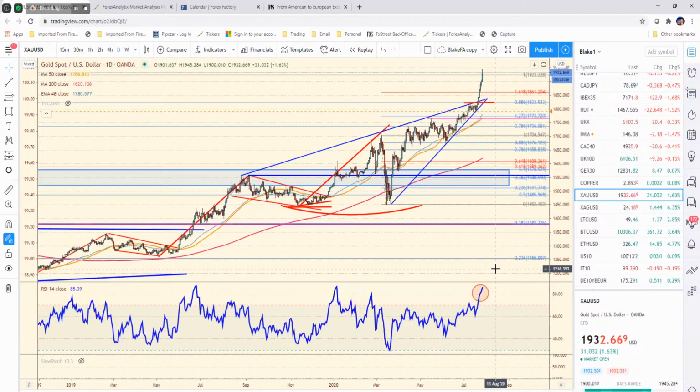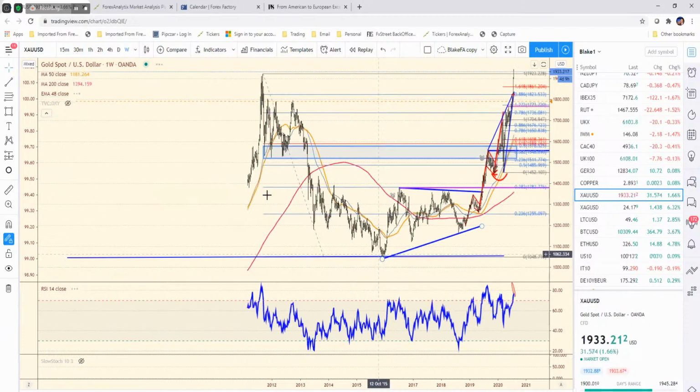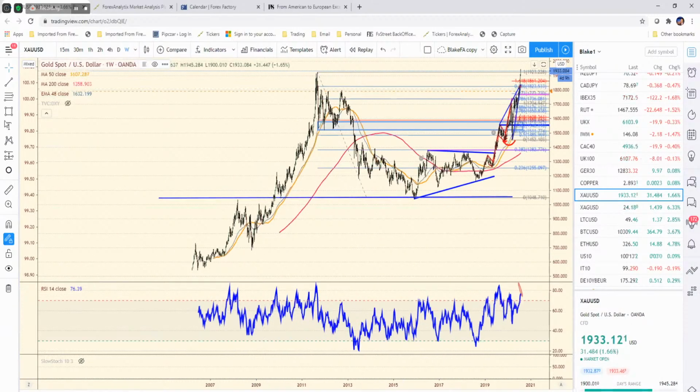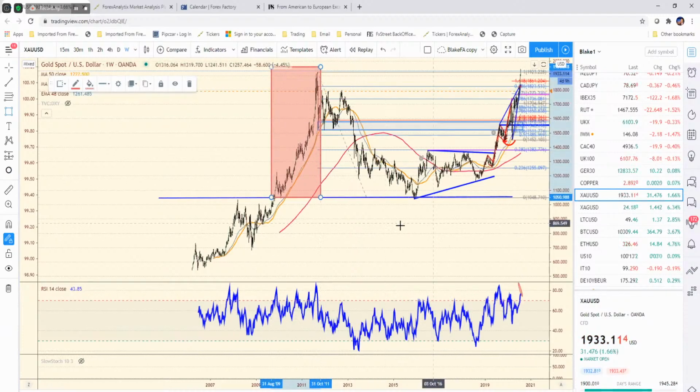If you look at this, it's a possible repeat of what happened post financial crisis. We have a very similar situation where balance sheets are being expanded by central banks globally. If you look back at this move that happened in 2009, 2010, my argument is, why can't this happen again?